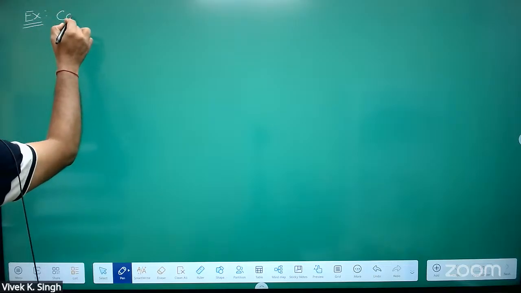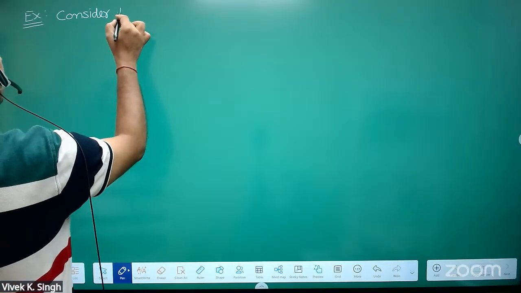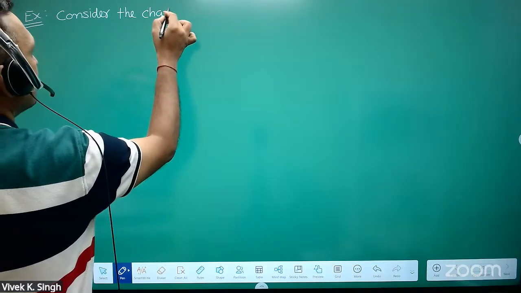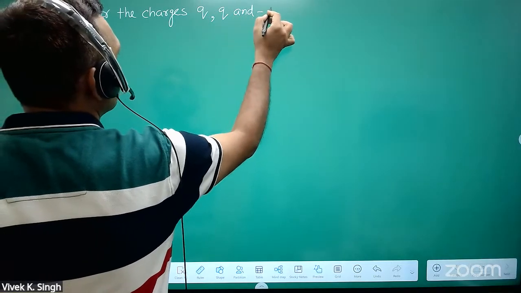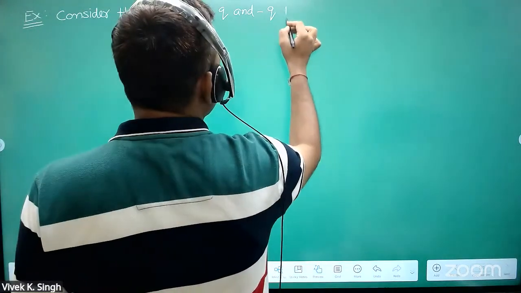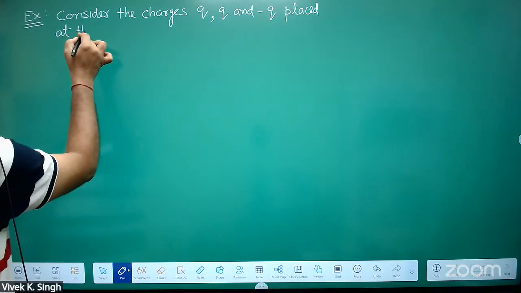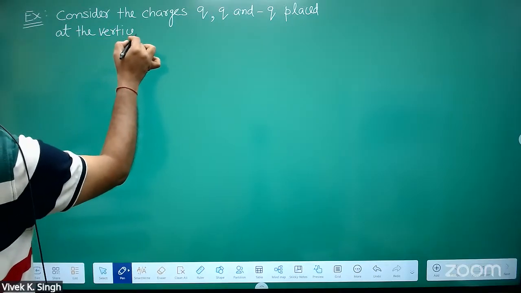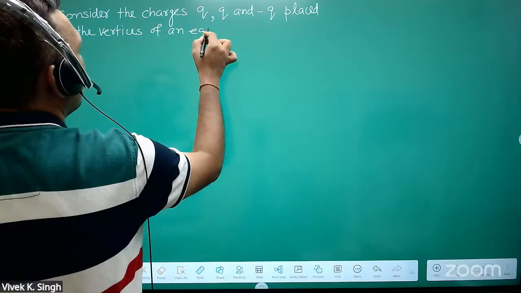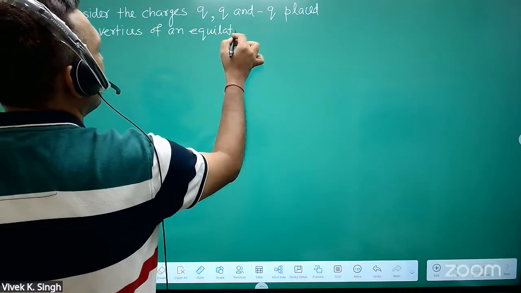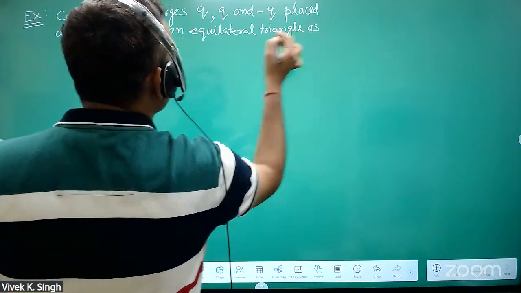Consider the charges q and minus q placed at the vertices of an equilateral triangle, as shown in the figure.